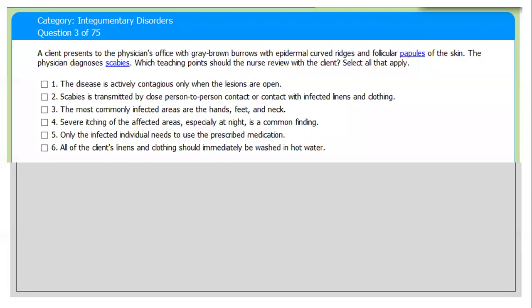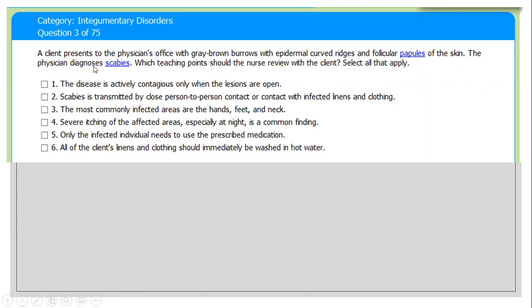What next? Question: a client presents to the physician's office with gray-brown epidermal curved ridges and follicular papules of the skin.